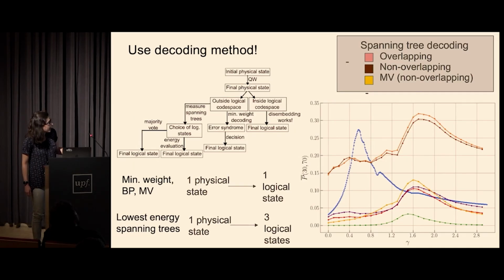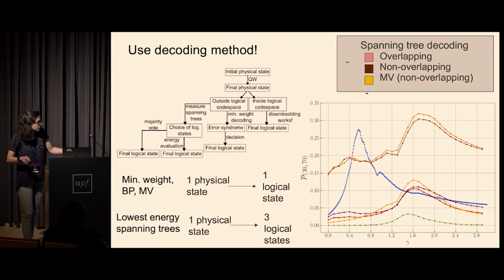So, why exactly might this be such a powerful addition to the spanning tree decoder? If we think about the decoding methods with the minimum weights, belief propagation and the majority vote, essentially what we're doing is taking this one physical state, and then by decoding, we only have a single choice of logical state that it can go into. So one physical state directly goes to one logical state.